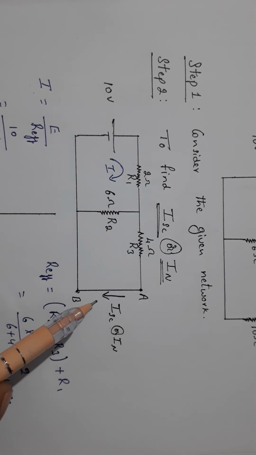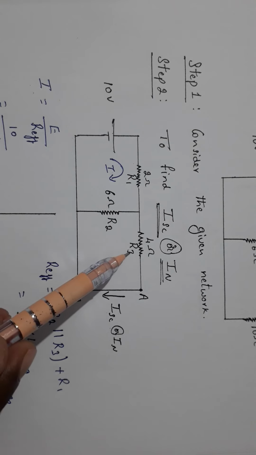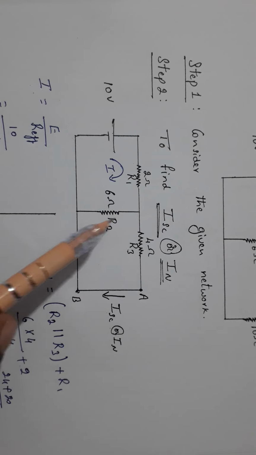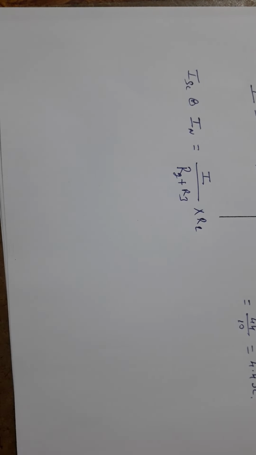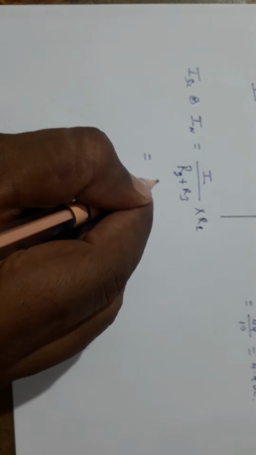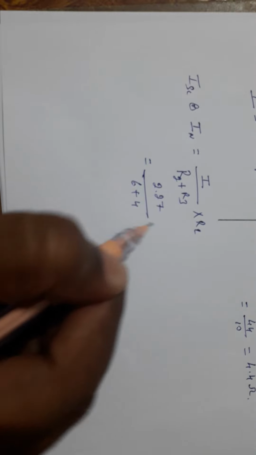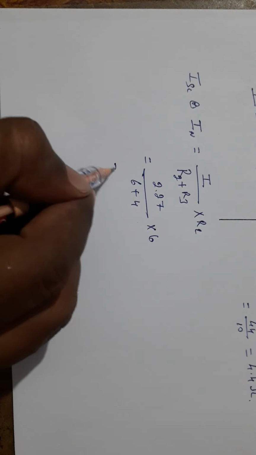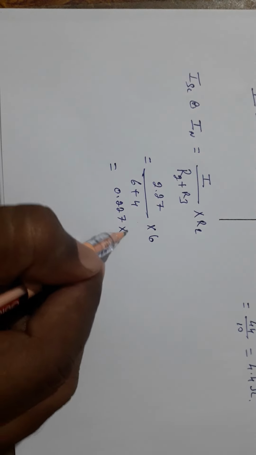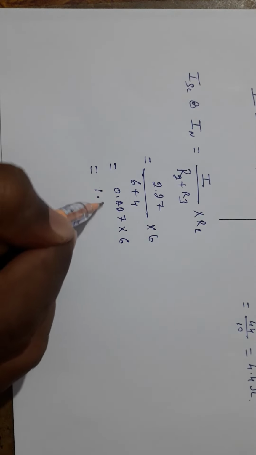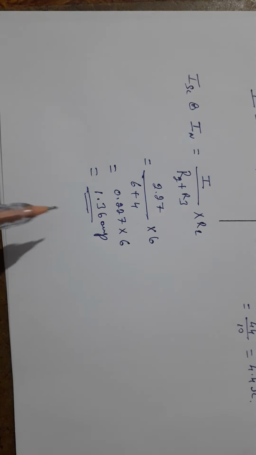So that equals 2.27 divided by 6 plus 4, into 6, that equals 0.227 into 6, that equals 1.36 amp. So Norton's current equals 1.36 amp.